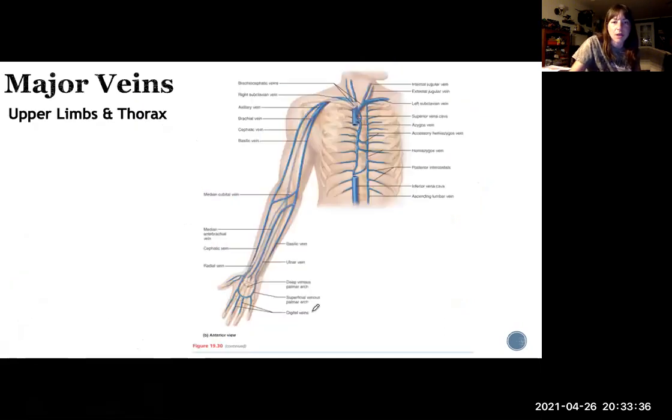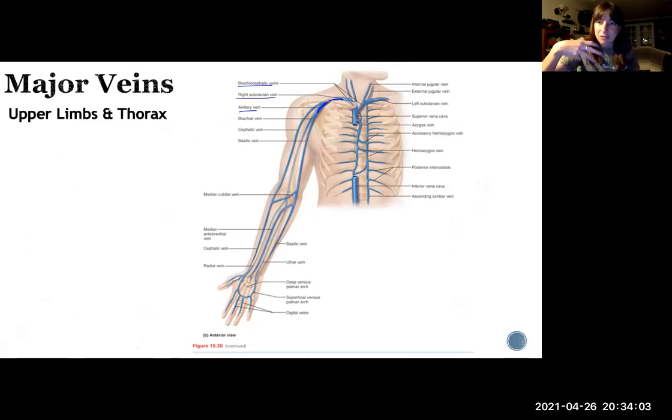All right, you guys, upper limbs for veins. Here's where it gets a little bit different from the arterial portion. You still have a subclavian going into an axillary, okay? But you do have 3 branches here where you would only have the subclavian and the axillary continuing down and becoming the brachial.